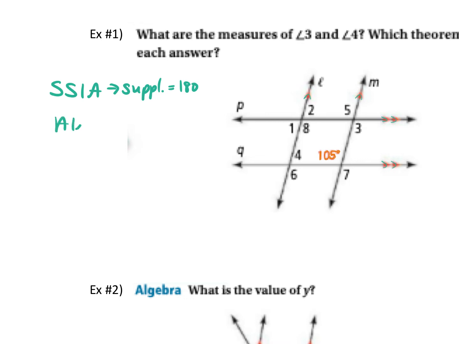All the other ones, alternate interiors, corresponding, alternate exteriors, are all congruent. So these ones you set equal to each other. These ones you add together and set equal to 180, right?